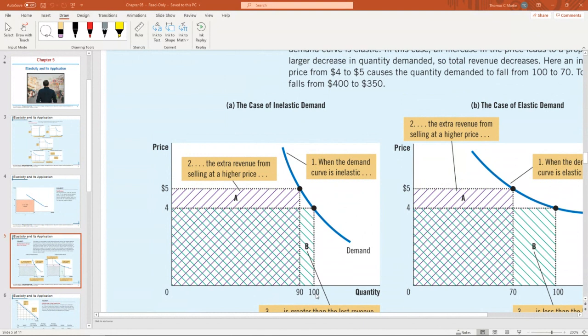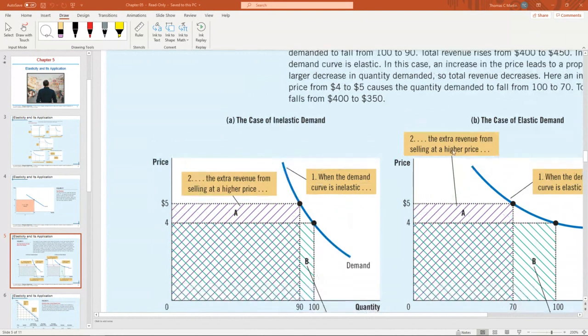That's what our income will be, our total revenue. Now, if we raise the price to 5, we'll see a change. Go up $1 and down to 90 quantity.